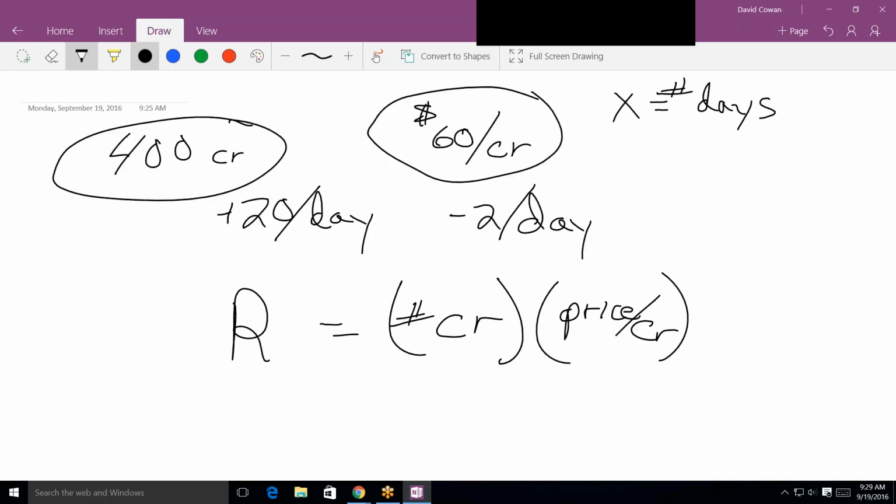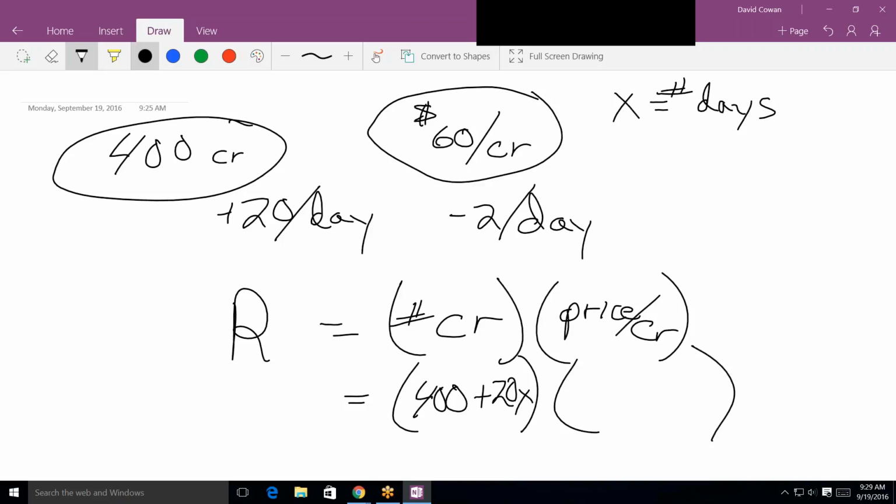That's all the further you have to look. The number of crates times the price per crate gives you the revenue. In terms of X, what is the number of crates? That's 400 crates plus 20x. Correct. And what's the price per crate?